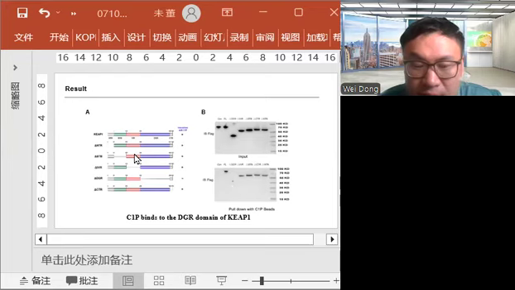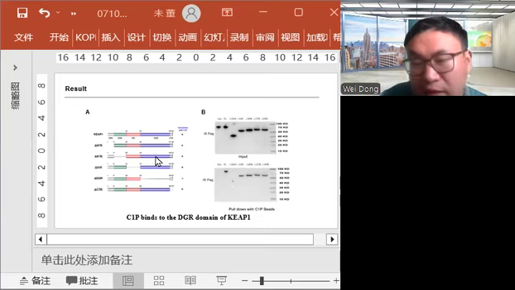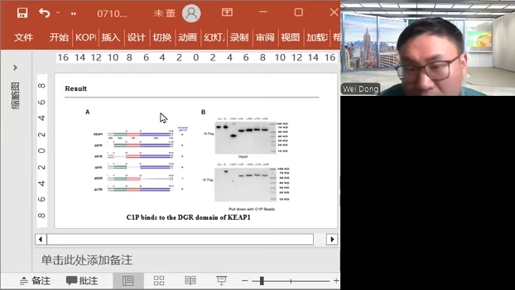This hypothesis is supported by the experiment involving the expression of KEAP1 proteins with different domain deletions, such as the five domain deletions.